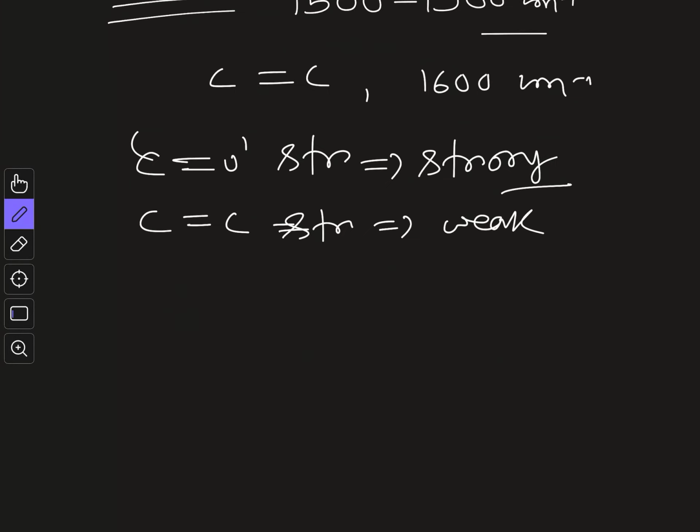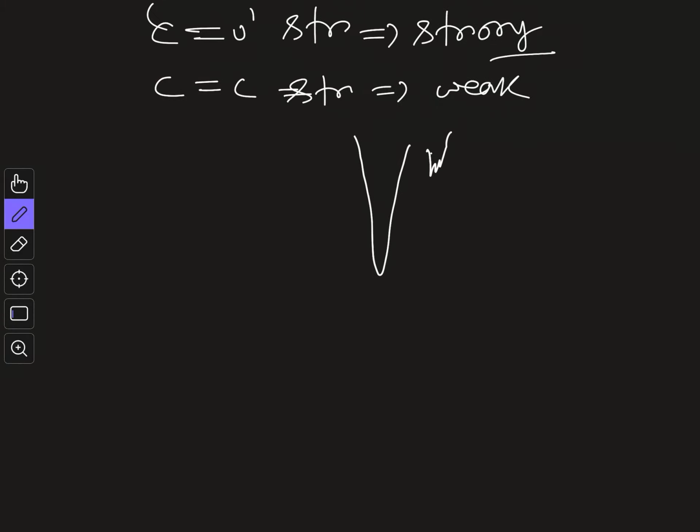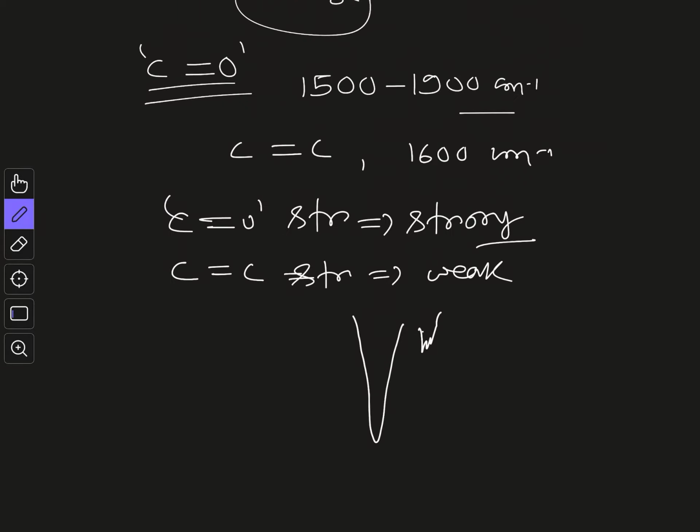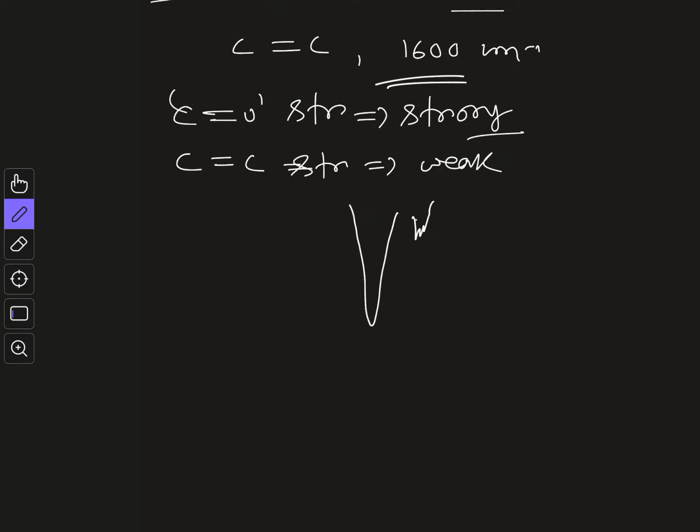So in the spectrum you can see that for CO you will have big peaks, but for CC you will have a small peak. Why this strength difference is there in the band, I will discuss in a moment. So the CC alkene region is around 1600 centimeter inverse, and for CO it varies.